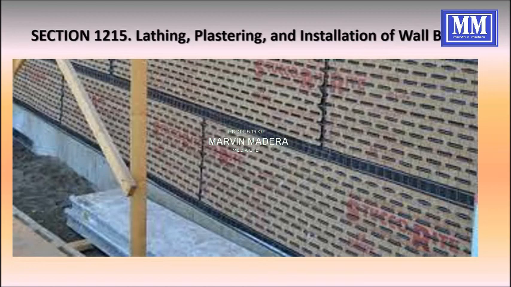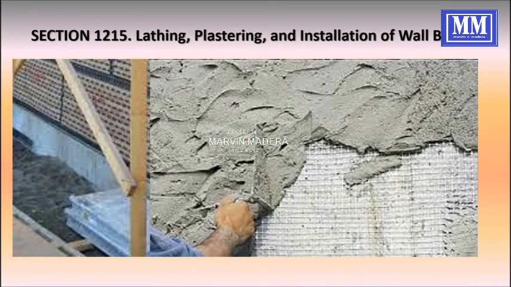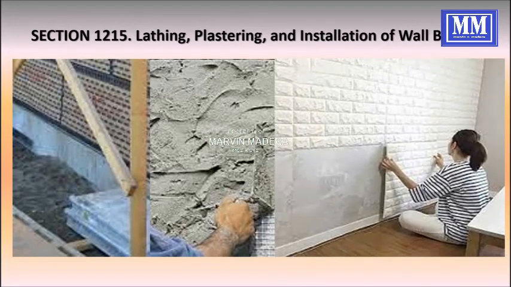We have a picture of lathing and a picture of plastering. As you can see, mortar is plastered on a wall with a wire mesh, and also here are the wall boards. Walls are covered by wall boards.